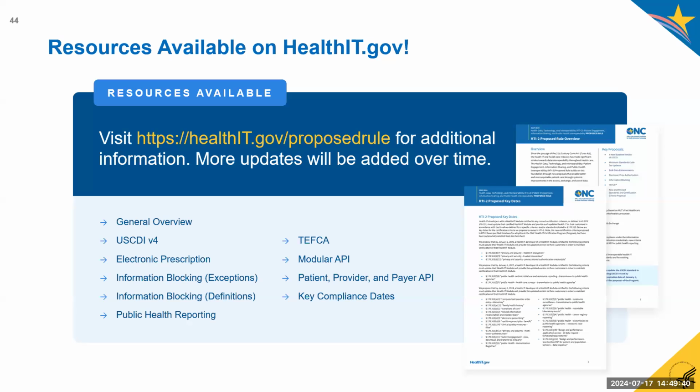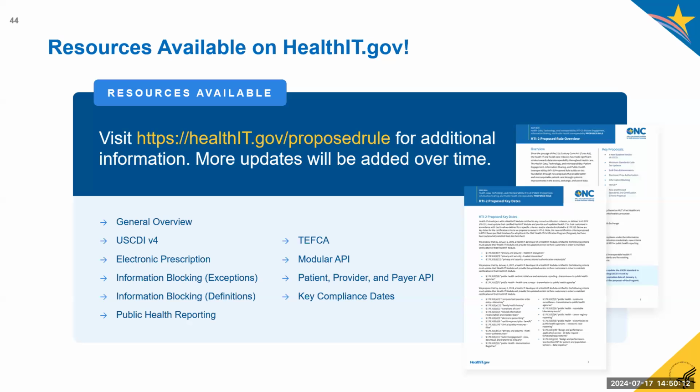Nothing in this proposed rule would be applicable to other HHS agencies or their programs unless and until they did their own rulemaking to adopt those pieces, or after we finalize our rule, if they already have referential cross-references to our regulation, then those would promulgate through. So just to be very clear, this rule is very much focused on the developers and the criteria updates. So those resources, again, are all on healthit.gov/proposed rule.